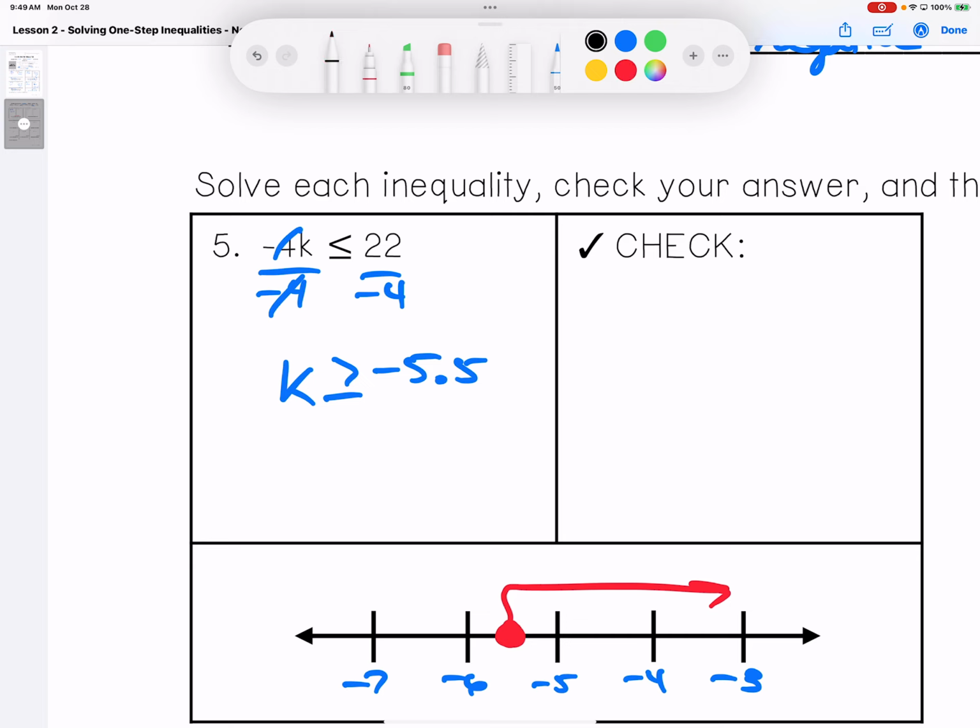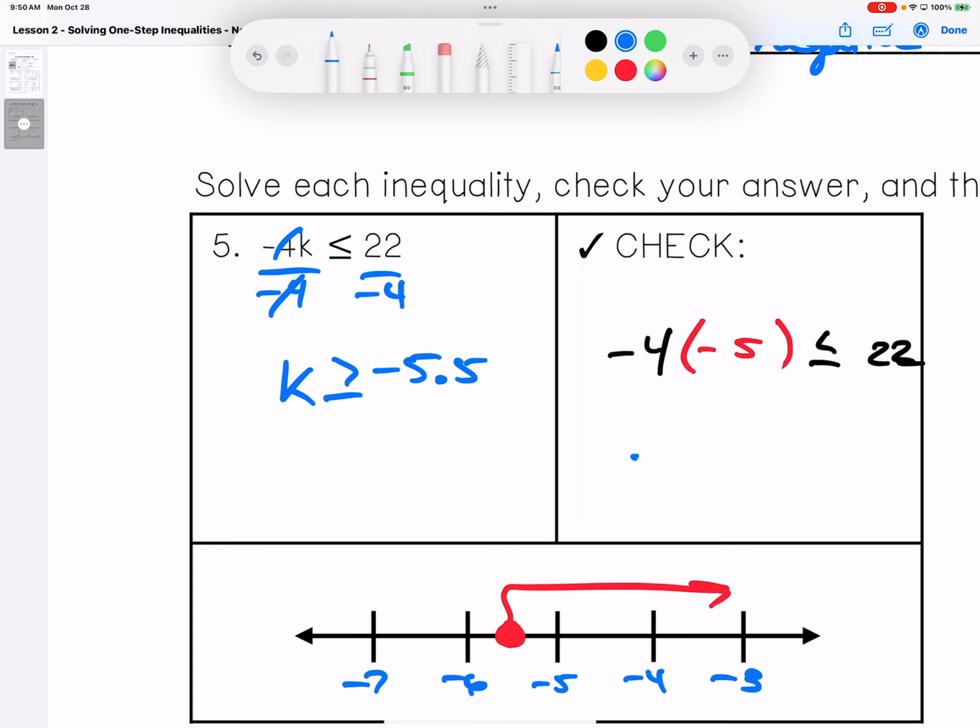Now I'm going to substitute negative 5.5 in. So I'm going to go negative 4 times negative 5.5. Is that less than or equal to 22? And I could have chosen just 5 instead of 5.5, so I'm going to erase that and just go negative 5.